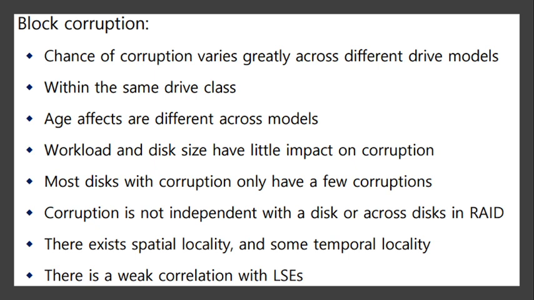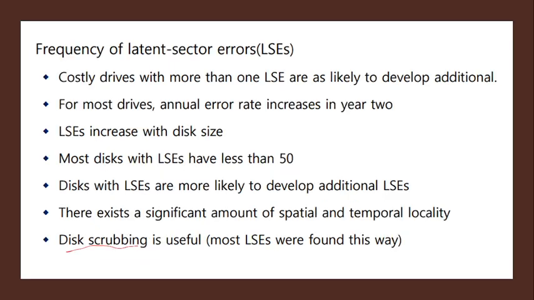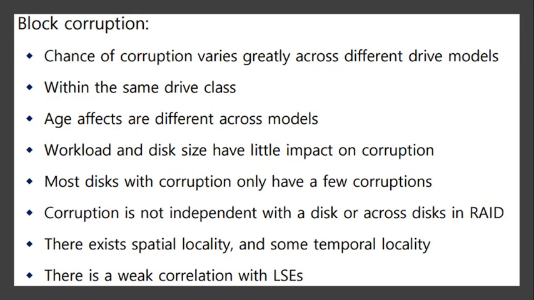Next we come to block corruption, which is the most important. Here there are two types of data errors, that is LSE, latent sector errors, and block corruption. The chances of block corruption vary generally across different drive models within the same drive class.